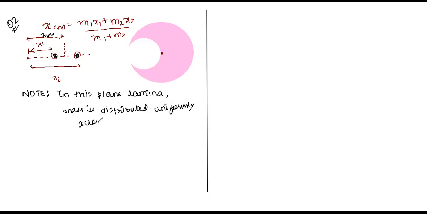Correct? Right, Atul? Yes, sir. So if the mass is distributed uniformly across area, then instead of writing mass in this question, what can I write? Area. Correct?